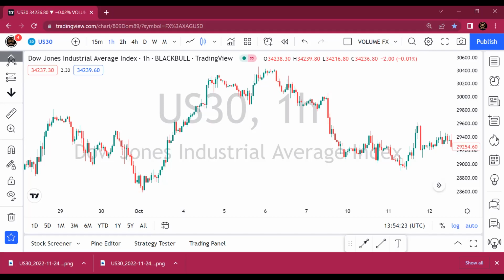We went to the doji, the dragonfly, the gravestone doji, the bullish pin bar, the bearish pin bar. Although the dojis, the gravestone, the pin bars and the dragonfly might serve almost the same purpose. Then we went to the morning star.